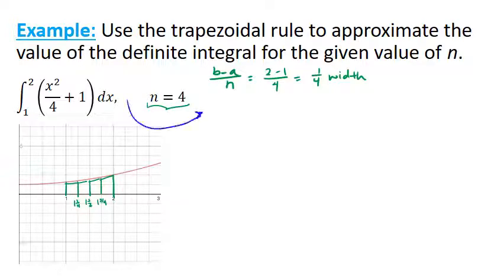But let's approximate this. So remember, we are approximating this integral. And this is going to be approximated by the trapezoidal rule, which is this. So in this case, this is what we'll be using.